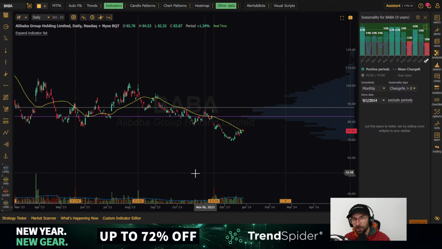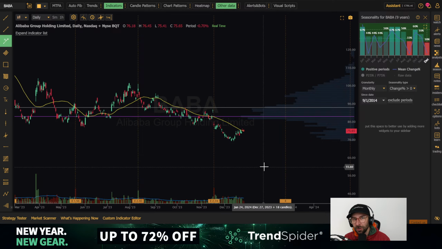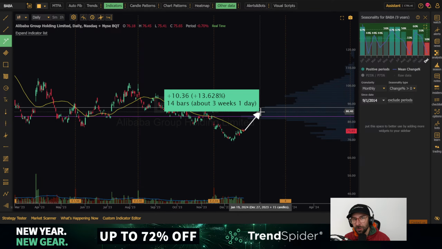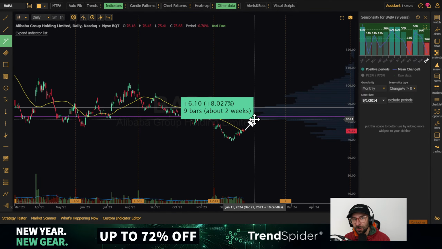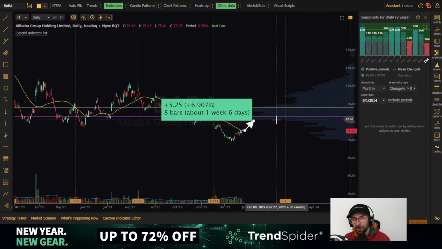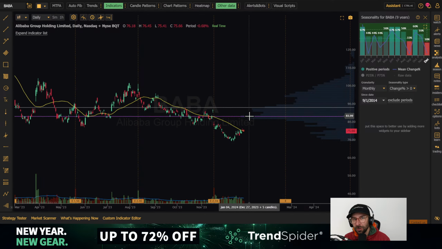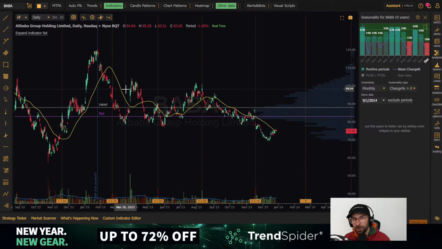That's kind of interesting. If we close right where we are right now and we go up 6.94%, it's not much, but that gets you to like 82 bucks, which brings you to that point of control from the January highs.